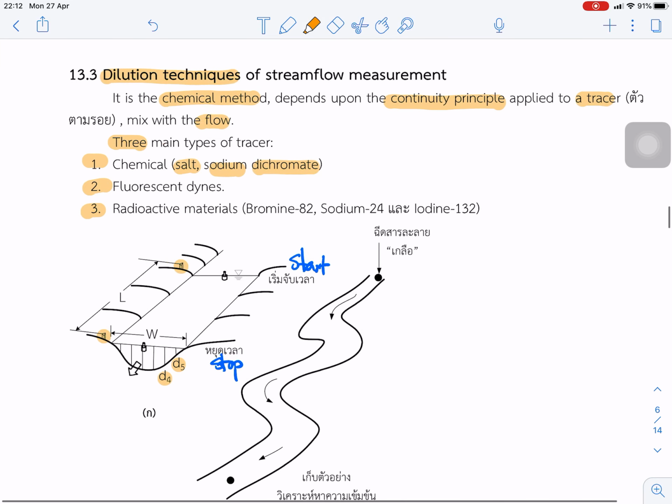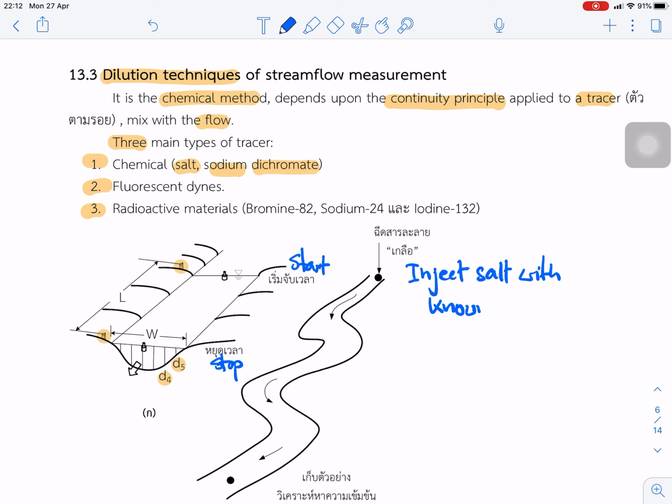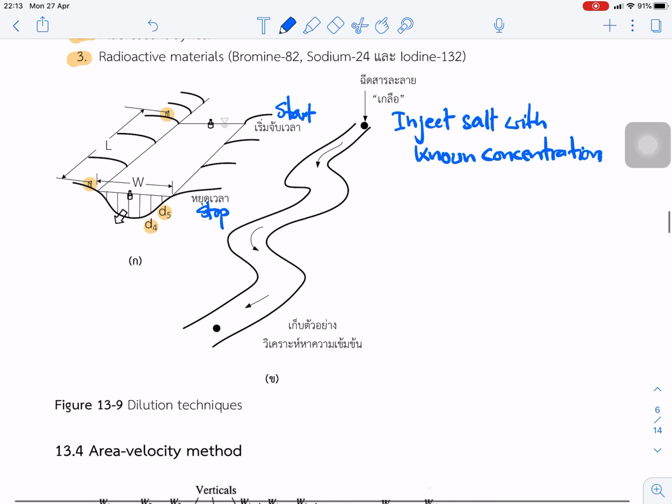So we can inject the tracer. For example, we inject salt with a known concentration, and at the downstream of the stream flow, we can collect a sample and measure the concentration again.